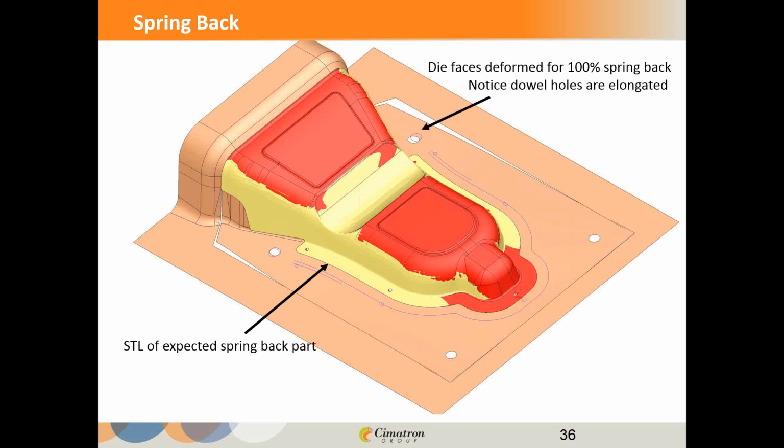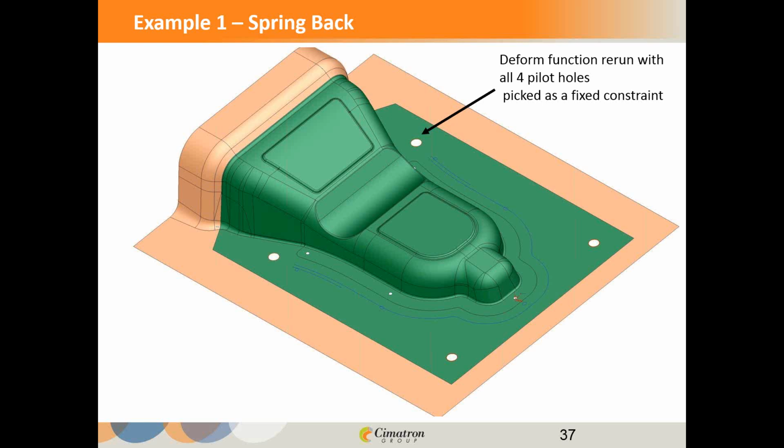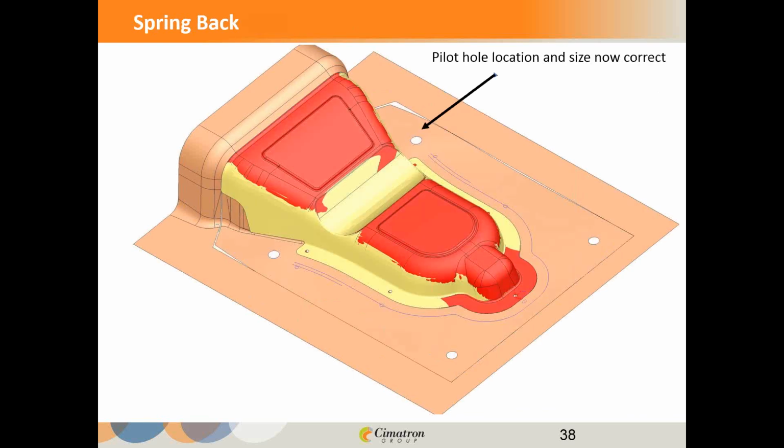What do you think? Do you think we need to include the pilot holes in this? Well, they're not going to move. So we'll pick those now, run the simulation again, run the analysis again, and say this is a fixed constraint, they can't move. Let's see what we get. You can still see how those part surfaces are being deformed in. It's still taking the data of the part itself, and it's still pushing those surfaces in just like it would.